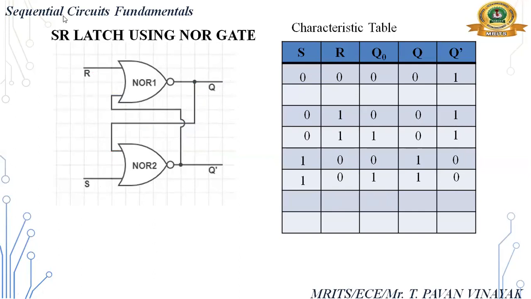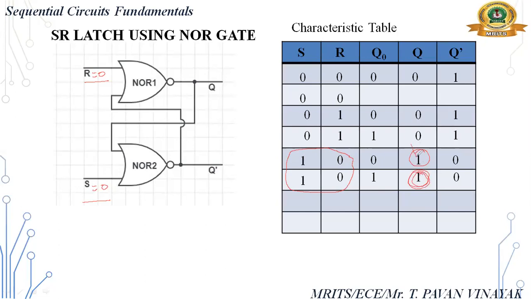Now again I am setting R is equal to 0, S is equal to 0. Previously which input did you apply? 1, 0, right? For 1, 0, the Q value is 1.